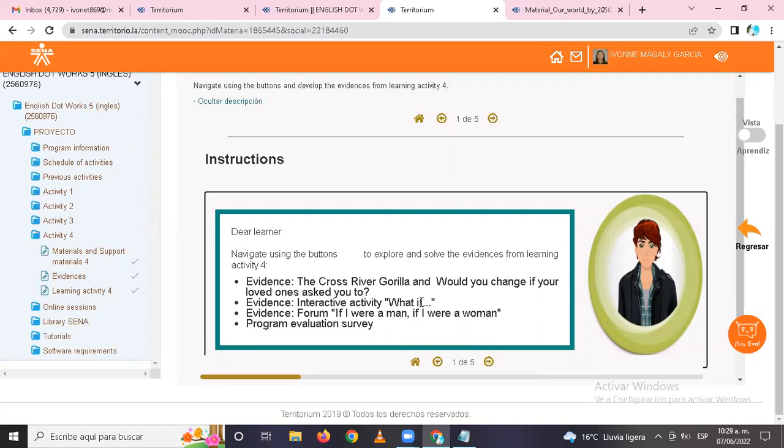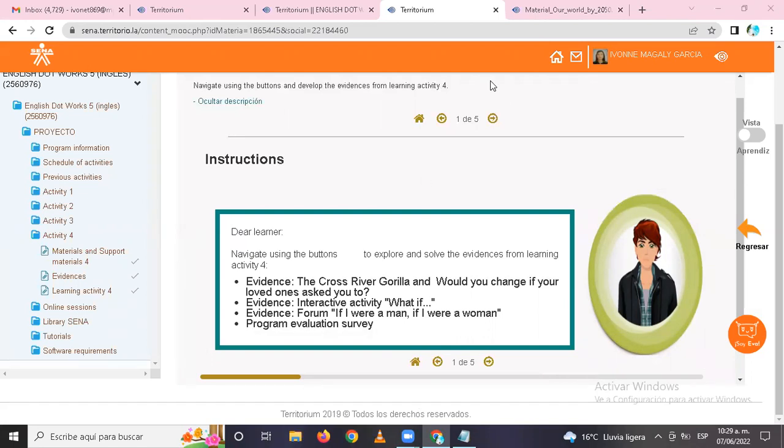Interactive activity, what if? The forum, if I were a man, if I were a woman, and the program evaluation survey. Those are the final activities of the course. So let's open the piece of evidence called the Cross River gorilla.